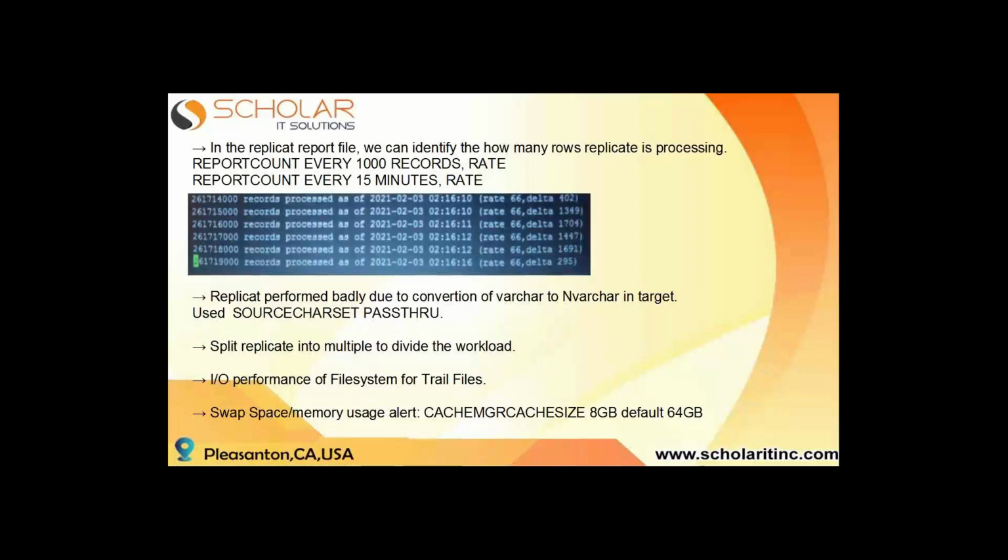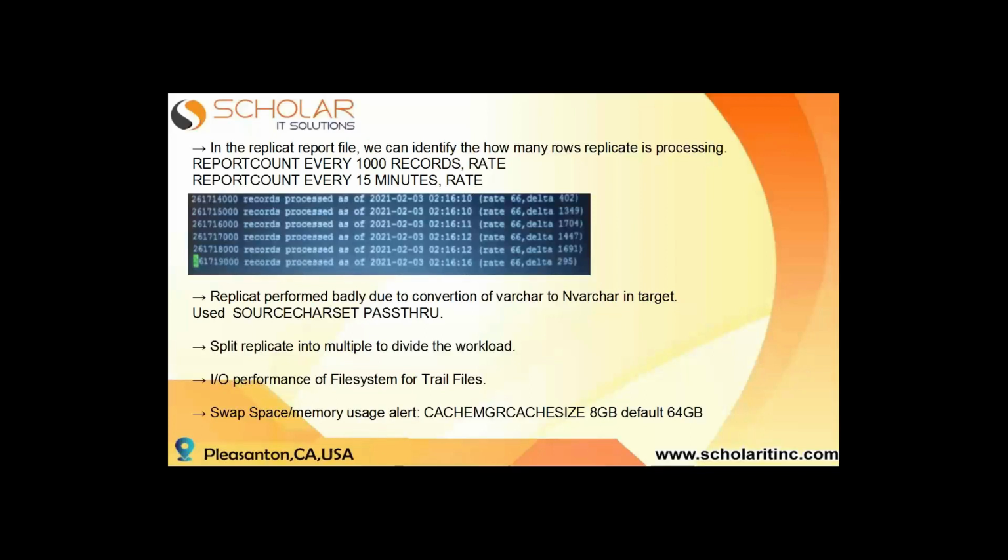Okay, so has anyone faced this error, where the SA team comes and tells you that your GG processes are taking up the swap space or memory? Anyone? Yes, no. Okay, fine.